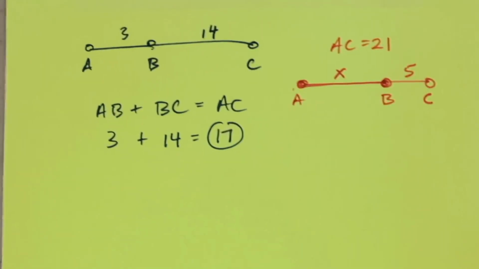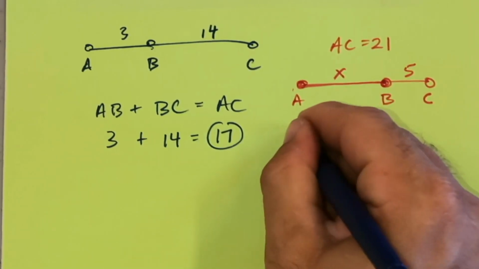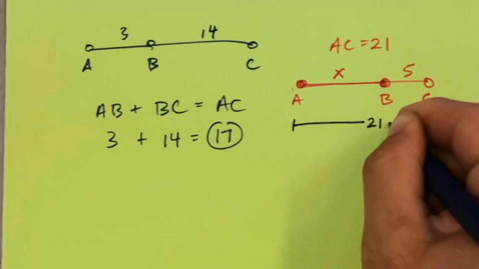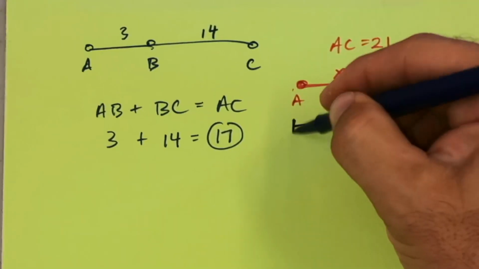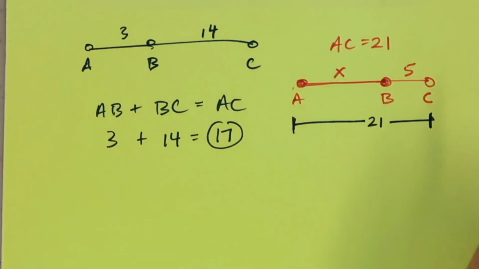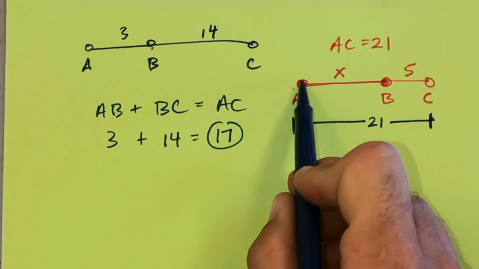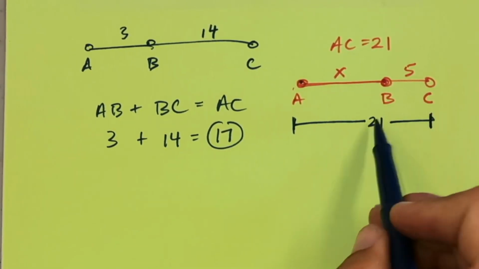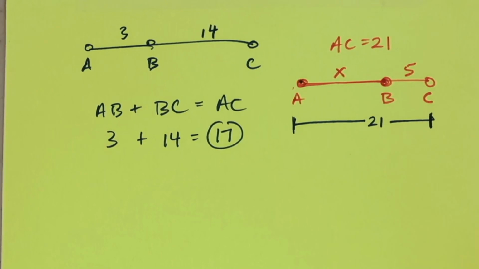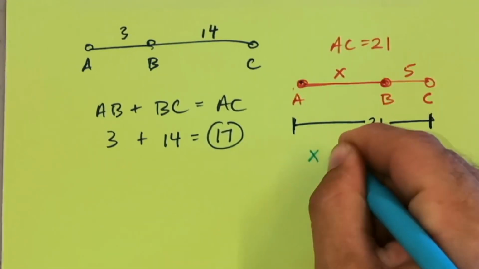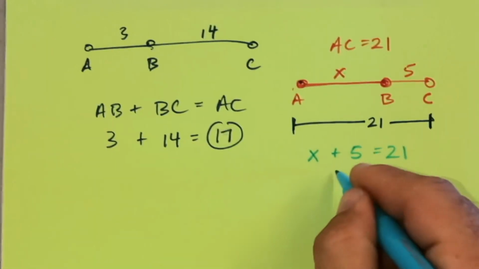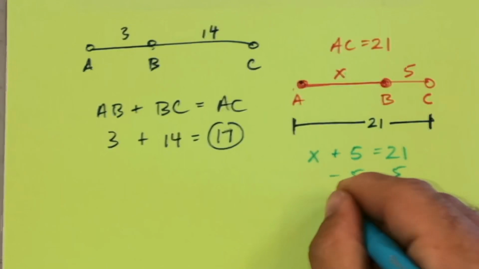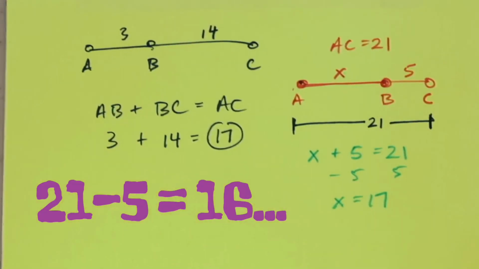You'll see me do this a lot: to show the measurement of the whole segment, I'll show a bracket measurement where this line is associated with A, this line is associated with C, and the whole thing is 21. That allows me to do X plus 5 is equal to 21, and solve for this missing small piece, which in this case is 16.